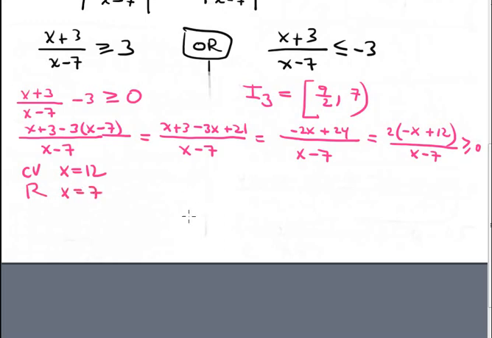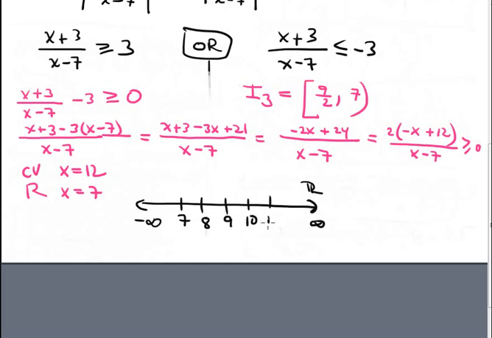Okay, let's do the chart. The partition of the real numbers, from negative infinity to infinity, is at 7 and 12.